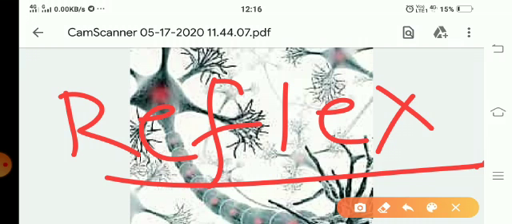Reflex action is also a kind of involuntary action, as the brain is not involved in it. For example, what happens when you accidentally touch a hot cup of tea? You immediately draw your hand back without even thinking.